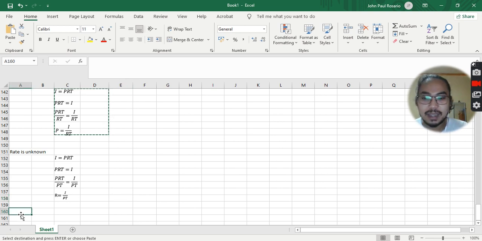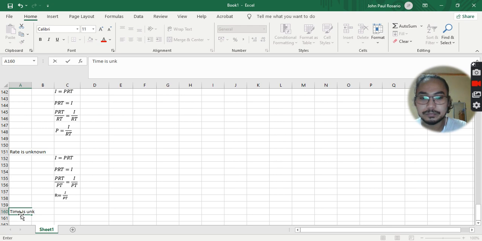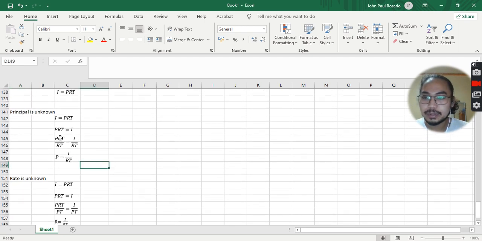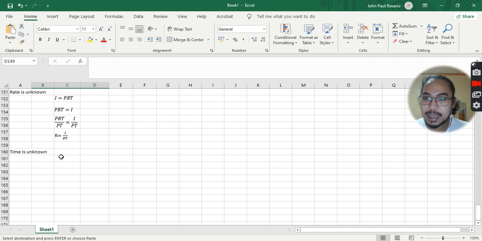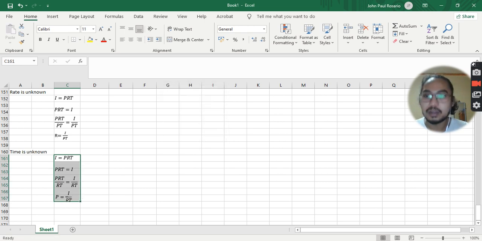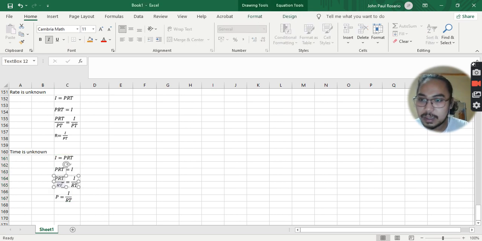So, what if time is unknown? Same concepts. But this time, since time is the unknown, what we will transfer to the other side would be P and R. So T disappears on the left.